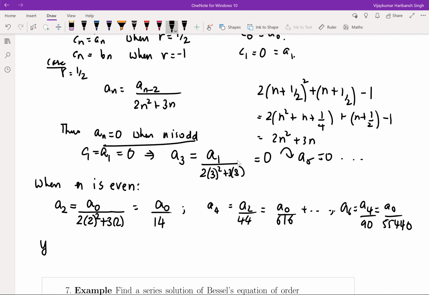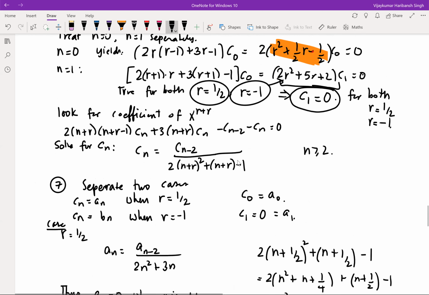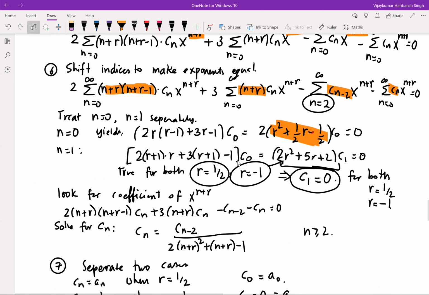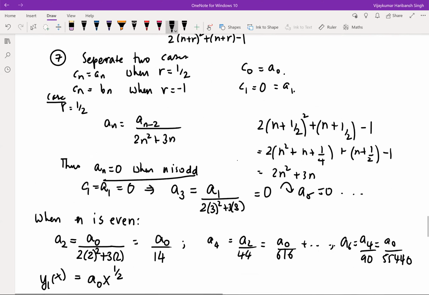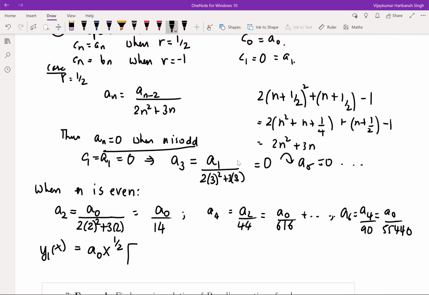We get y1(x). Either you write A0 out and x to the half, because x to the r, what is the solution here? The solution is x to the r summation n equals 0 to infinity a_n x to the n. So the odd ones are out. What you're left with is even ones, summation k equals 0 to infinity. So I want to write down all the even ones now.